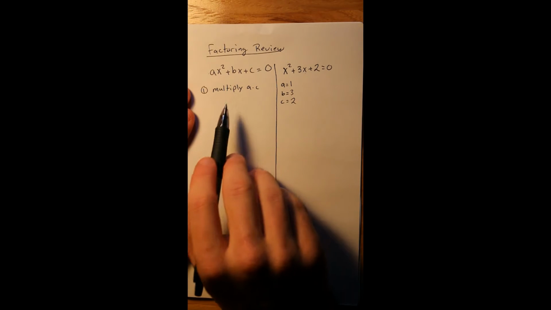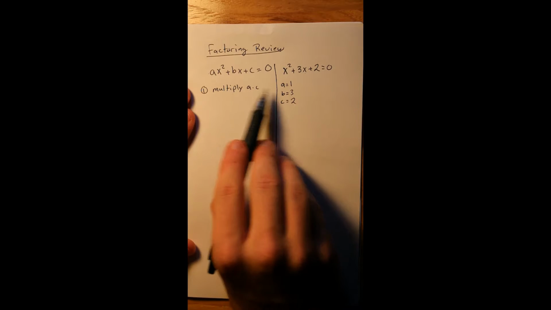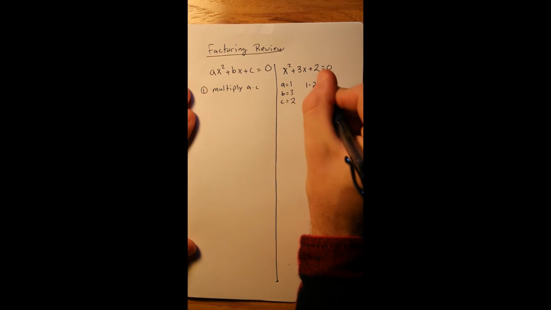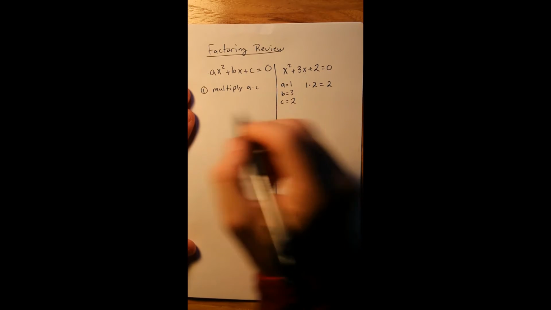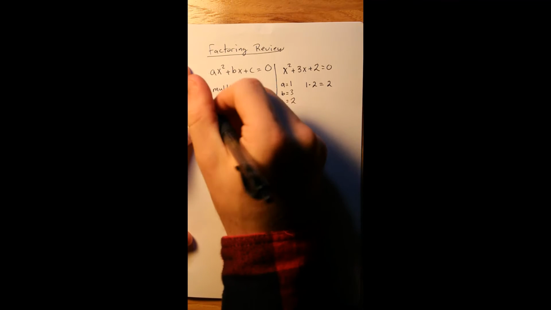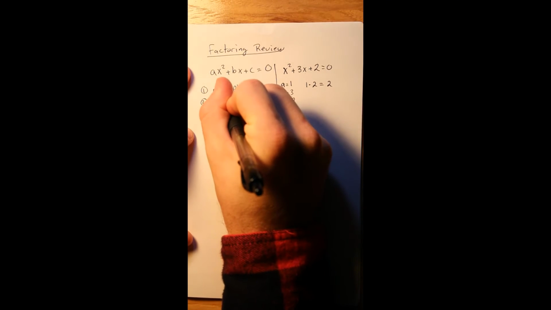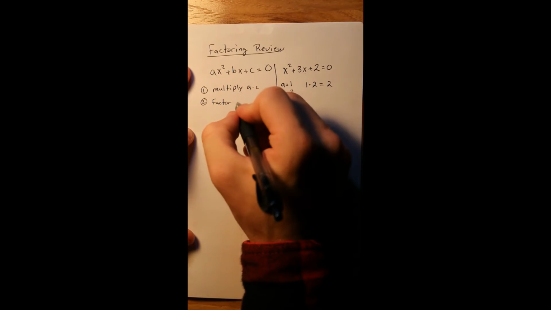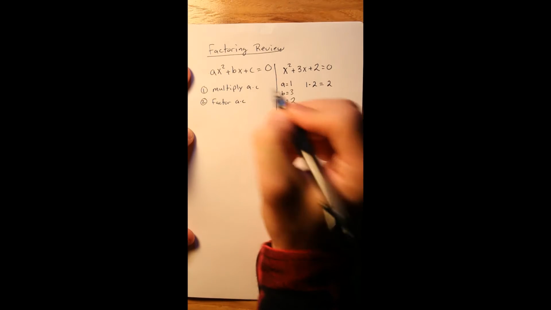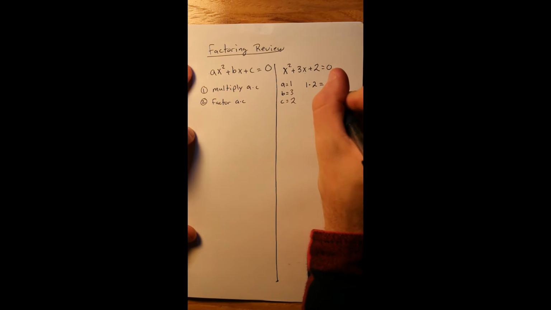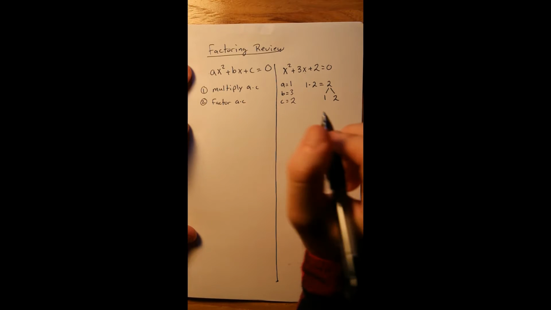First step in using the AC method is multiply A and C, so that would be 1 times 2 equals 2. Now, step 2 is to factor this thing here, factor my A times C, and you want to use all of the factors. So in this case, there's only 1 and 2.